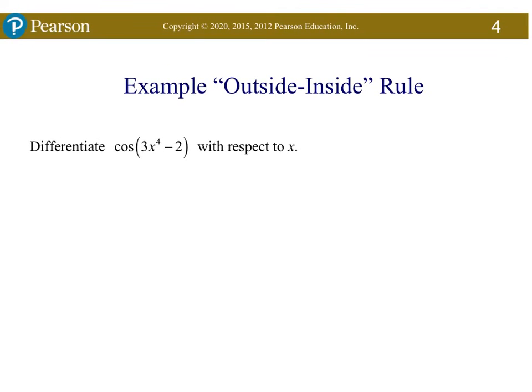So if we're asked to differentiate this trig function, the outside function is the cosine function, so we'll start with that. And then the inside function would just be the quartic function. And so we show d dx that we are applying the derivative rules to this function.